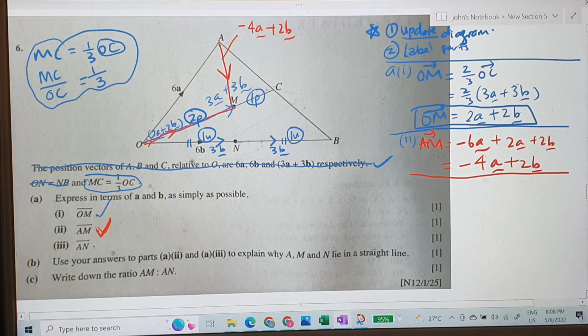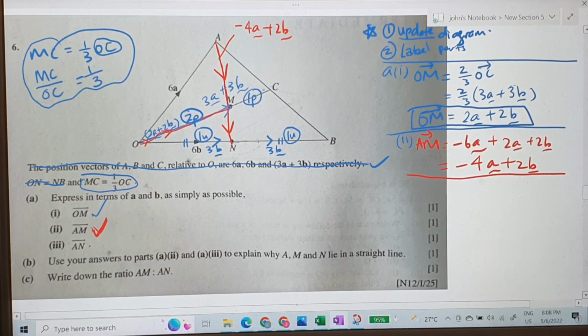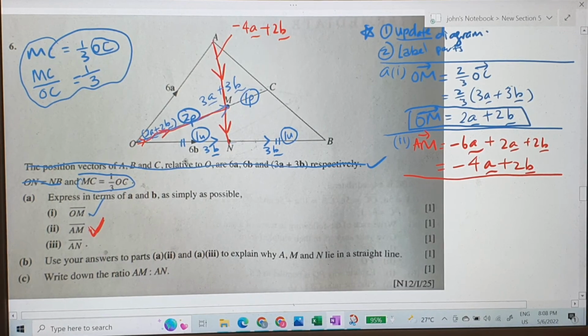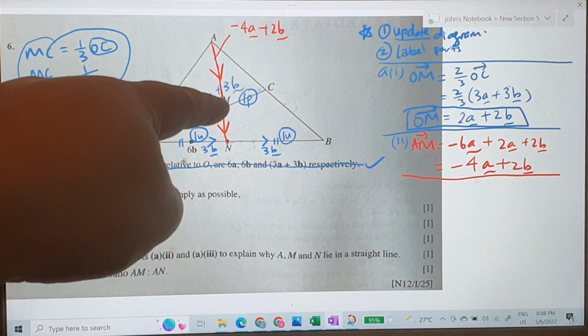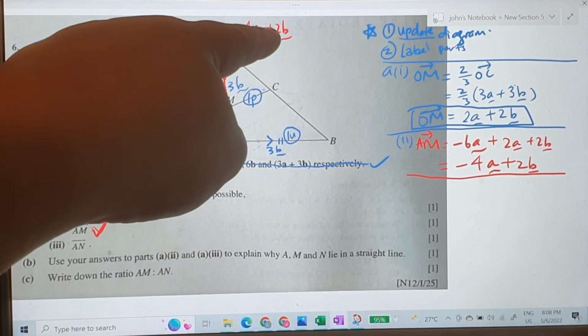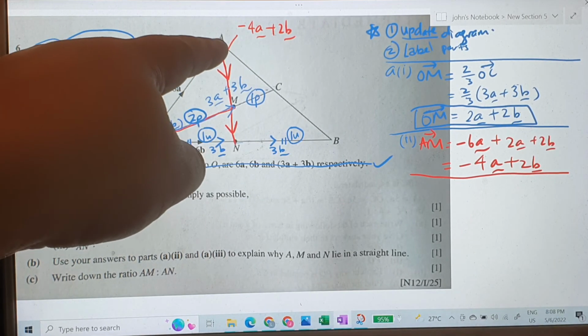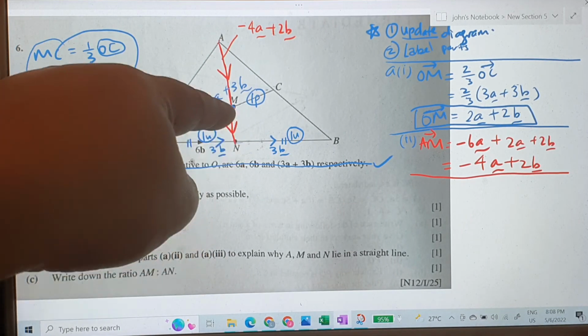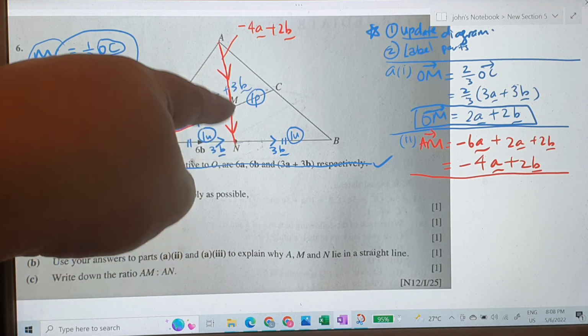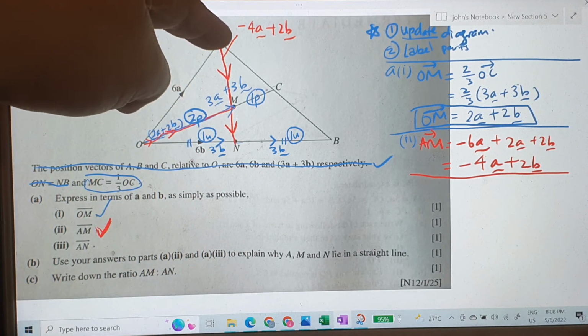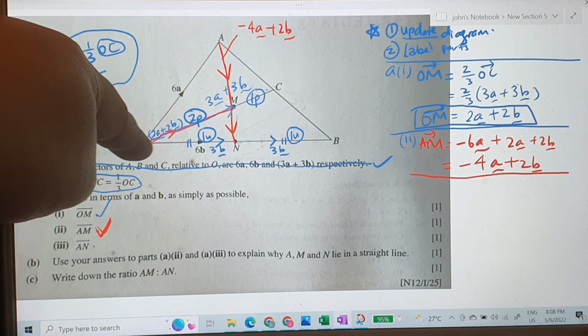AN is from here to here. Correct? Again, there's no direct bus. You actually have a bus from here to here. You actually know the bus is minus 4a plus 2b, right? But you don't know from here to here what is the vector. You don't know, you see. So you have to go this way, this and this.